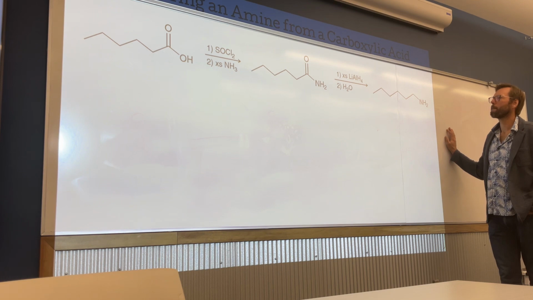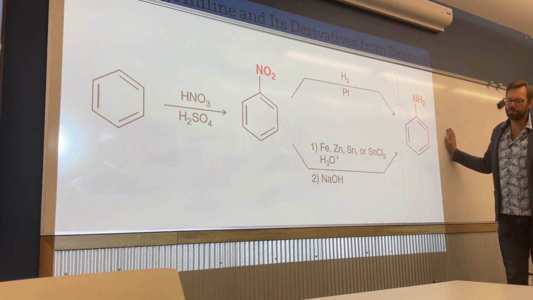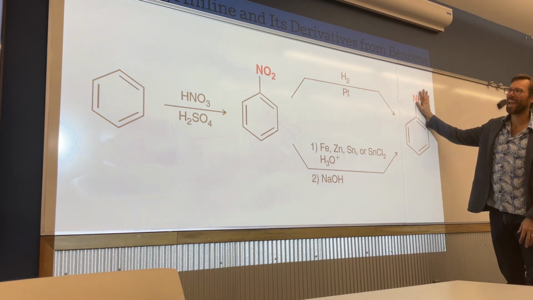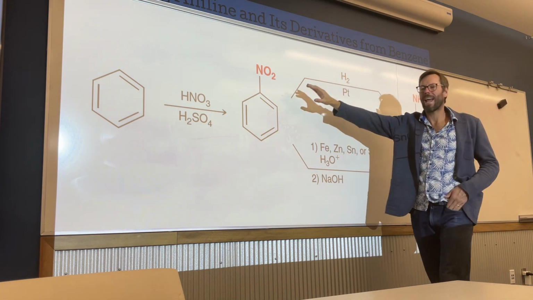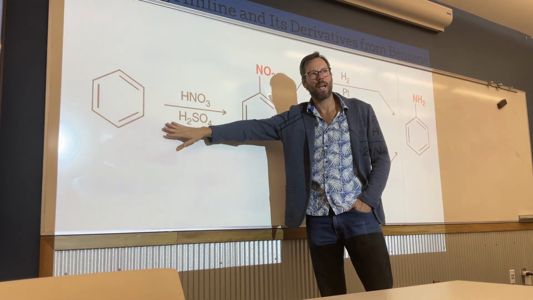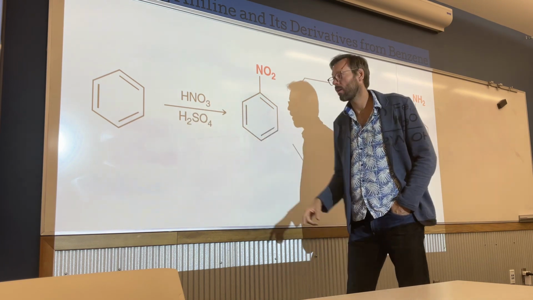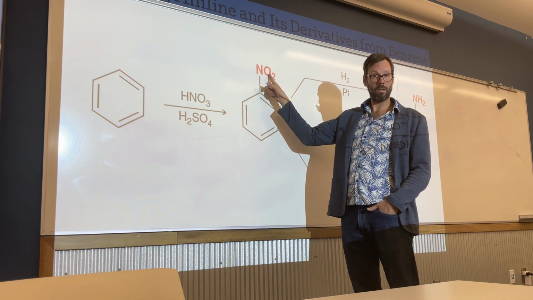All right. So those are the two major ways, and we can go further if we're wanting to make aniline by using nitric acid and sulfuric acid. You guys will remember that from when we were talking about substituting benzene rings, we can add a nitro group on here.